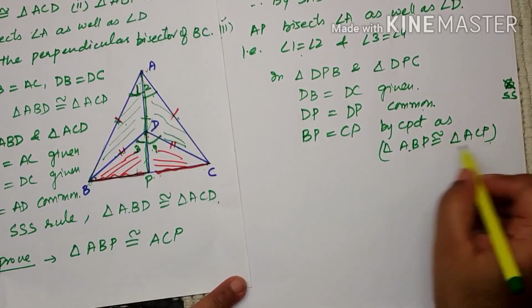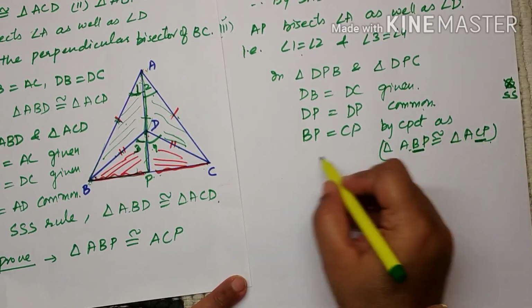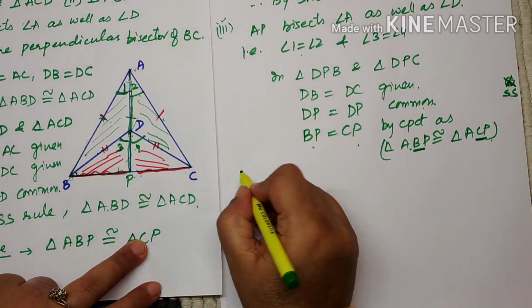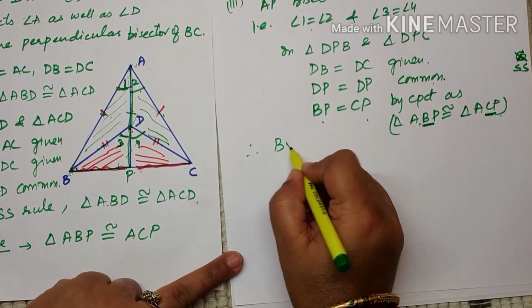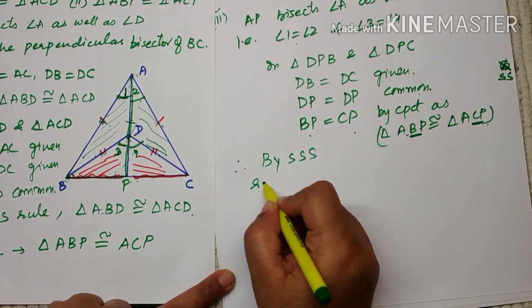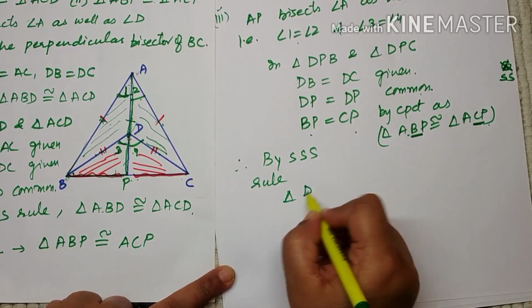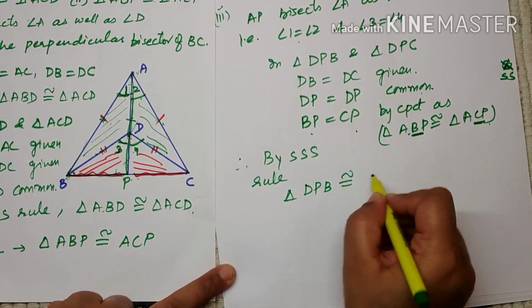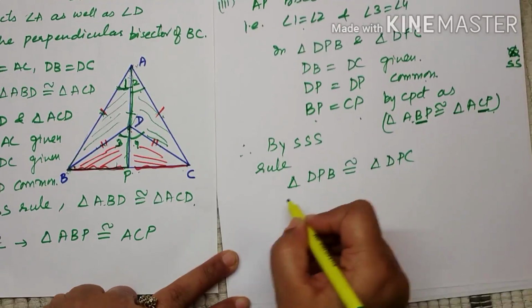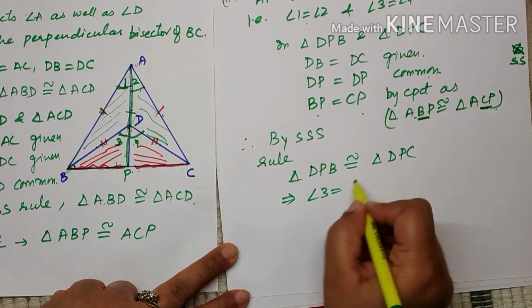We proved these bigger triangles congruent, so these sides are equal. Therefore, by SSS rule, I have triangle DPB is congruent to triangle DPC. This gives angle 3 equal to angle 4.